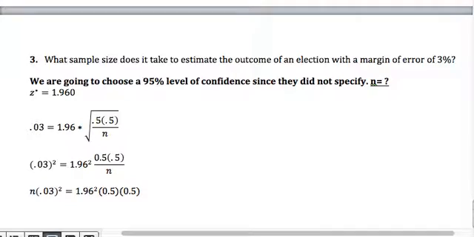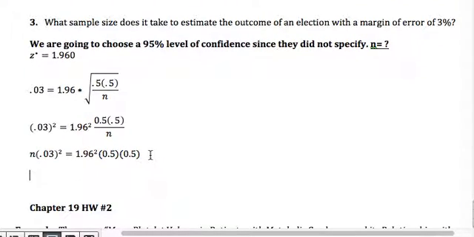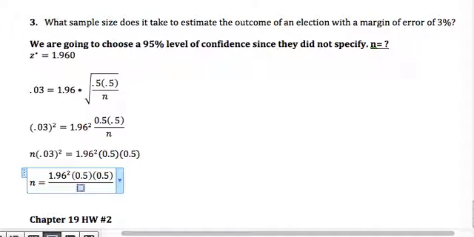And the last step will be divide that other thing to the other side. So let's say n equals that stuff all divided by 0.03 squared. And what do we get?